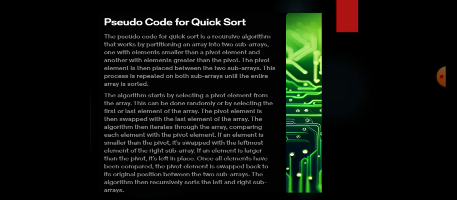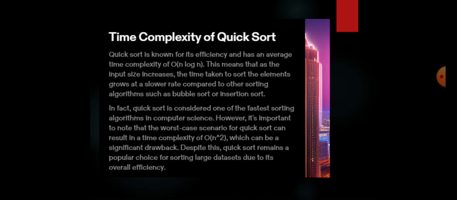If an element is smaller than the pivot, it is swapped with the leftmost element of the right subarray. If the element is larger than the pivot, it is left in place. Once all the elements have been compared, the pivot element is swapped back to its position between the two subarrays. The algorithm then recursively performs this sorting operation on the left and right subarrays.